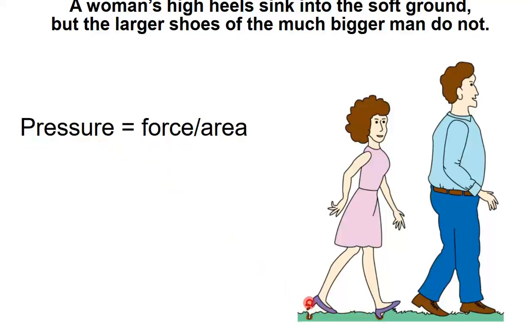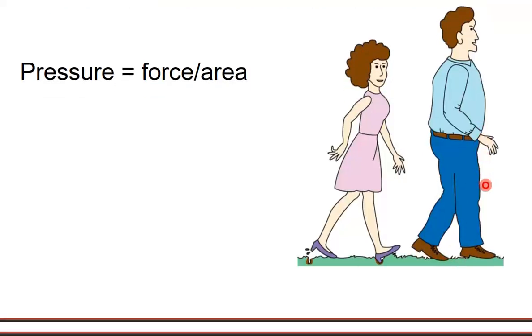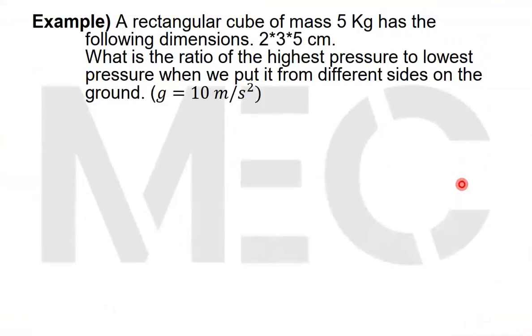So these high heels go into the grass, which is soft ground. But in this case, the weight of the man is greater, but the surface area is greater. That's why it doesn't go into the soft ground.